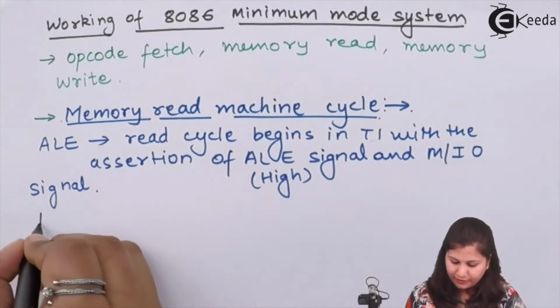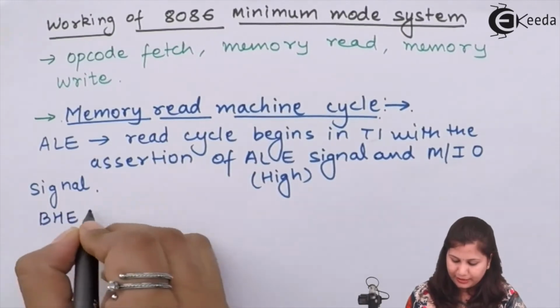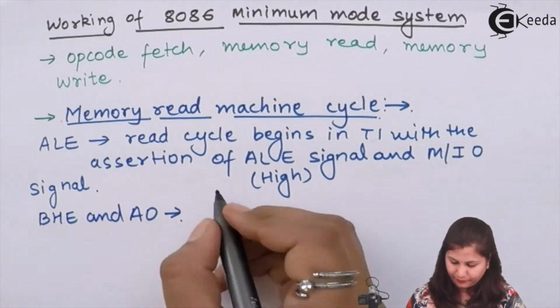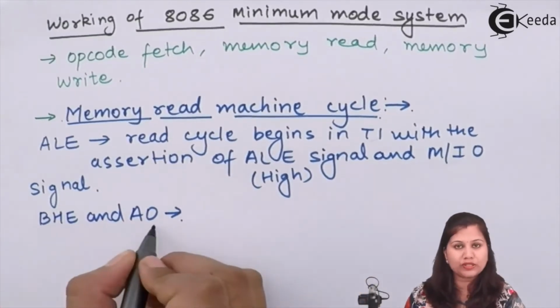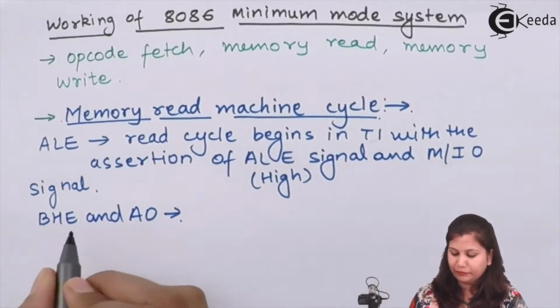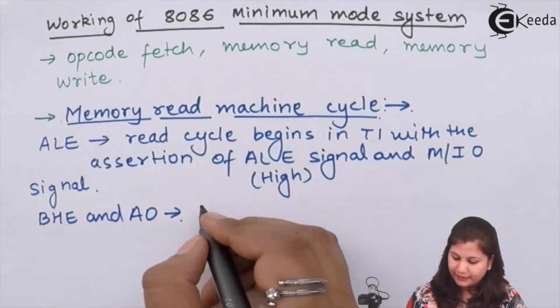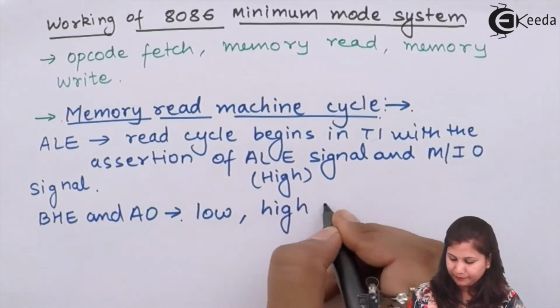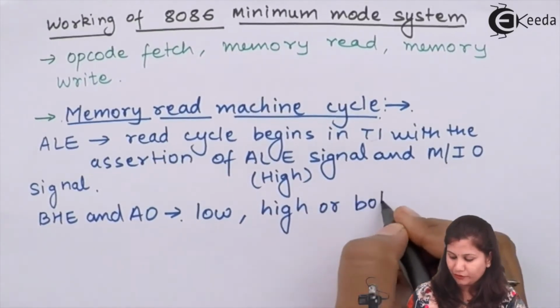Then we have the bus high enable and A0 address signals. These two signals can have low, high or both bytes, meaning they can take any of the values.